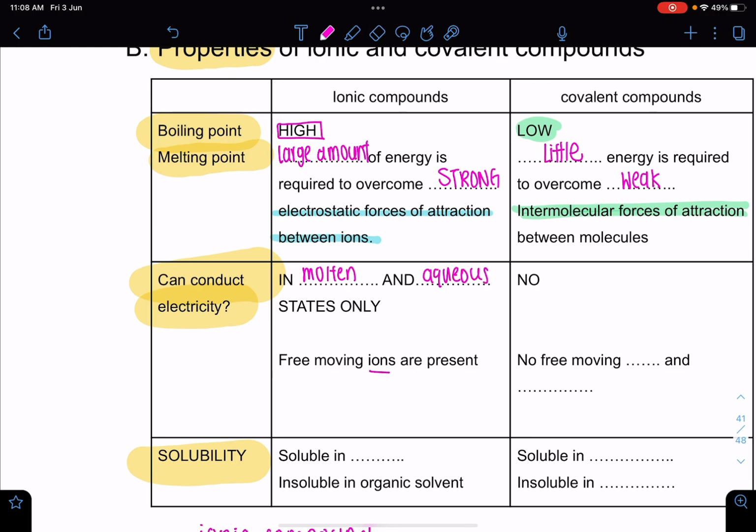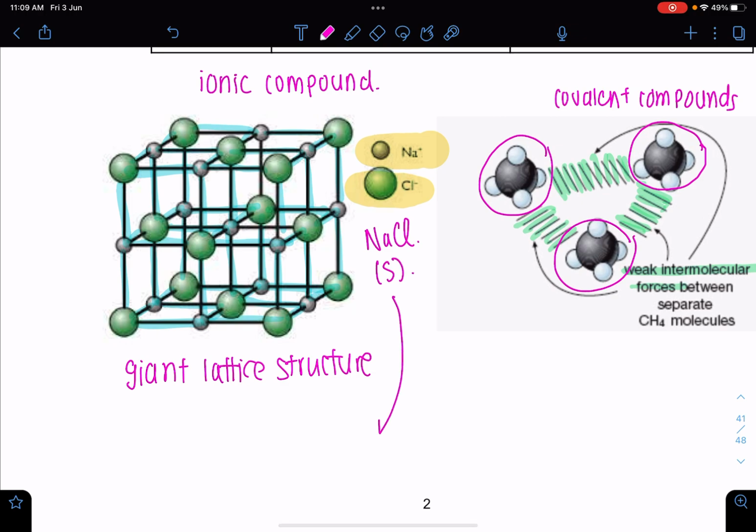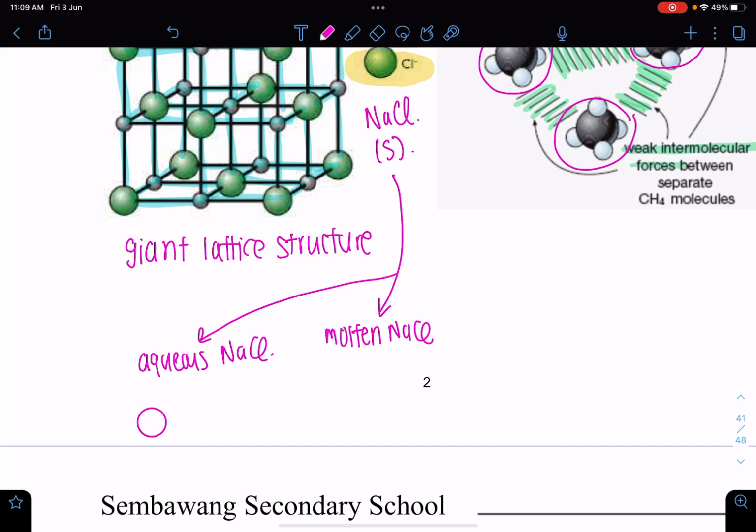What does that mean? If you come back to the giant lattice structure, this is how the ionic compound will be in the solid form. However, if it is melted, which we call molten sodium chloride, or if sodium chloride is mixed with water, then all of these sodium and chloride ions will be freely floating.